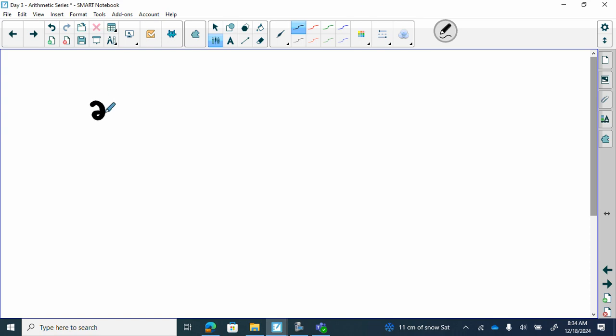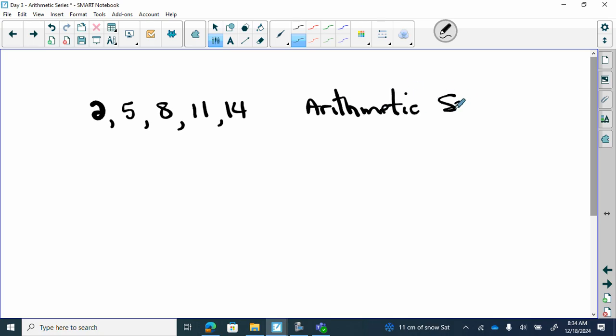If I went 2, 5, 8, 11, 14, this is an arithmetic sequence. And the formula that I could use to answer questions about this would look like the following. This is what we did on Monday.